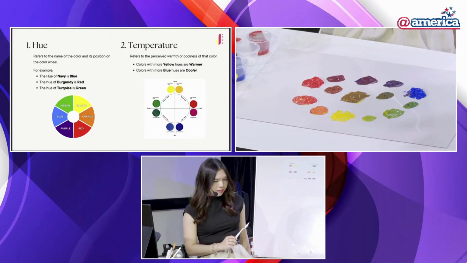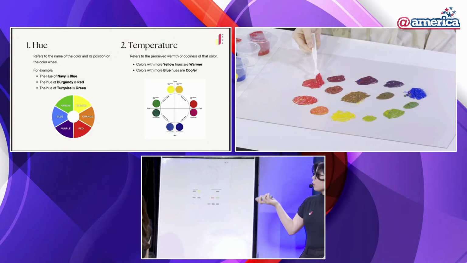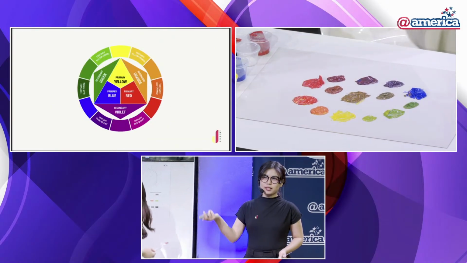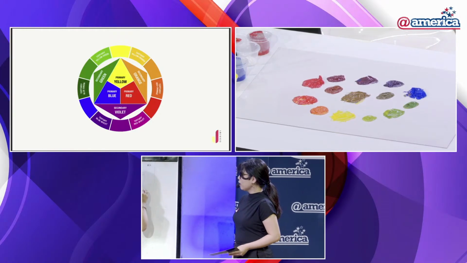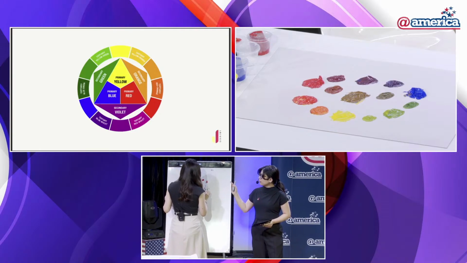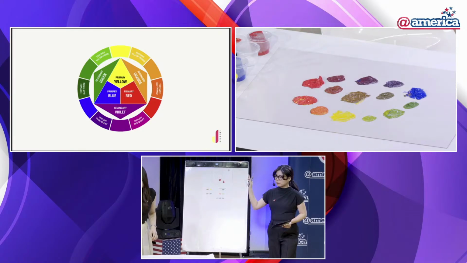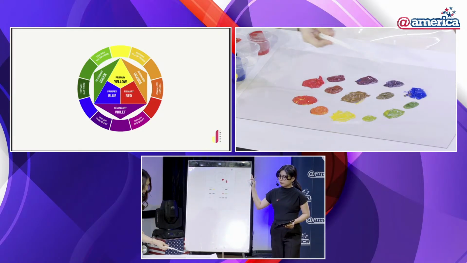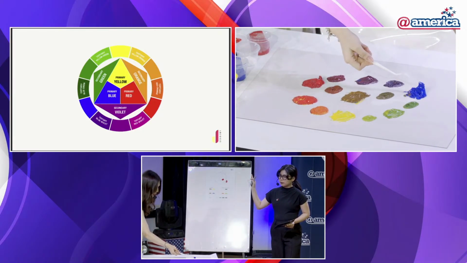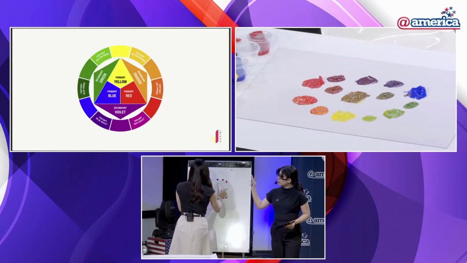Okay, so do you want to transfer what we just did to the chart? And so just now we were recreating the Isaac Newton's color wheel. Starting from primary colors, we have red. And then there's blue. Just a quick recap.